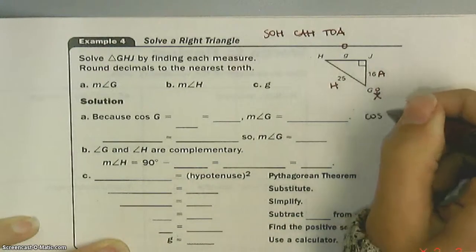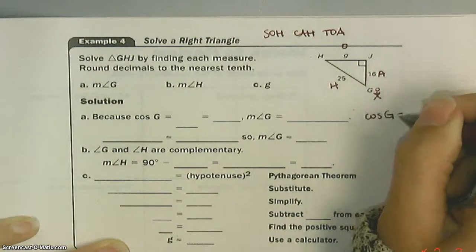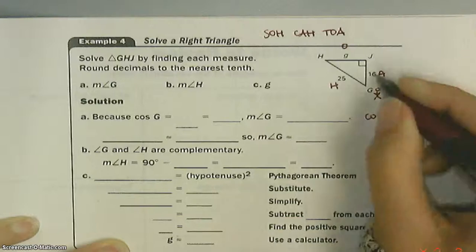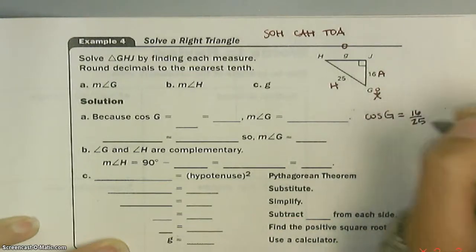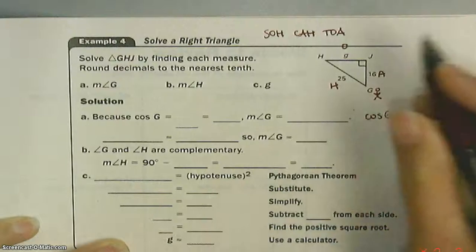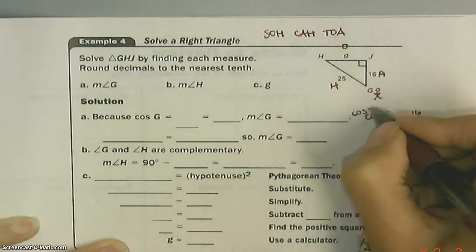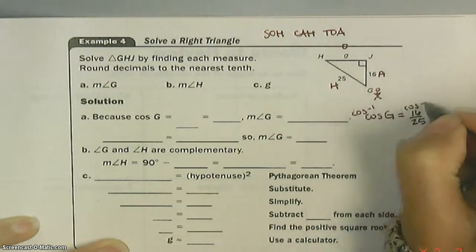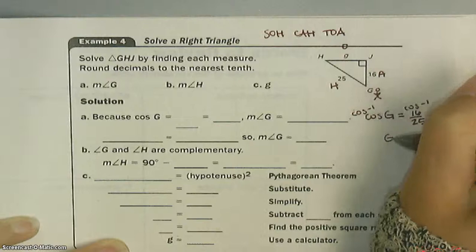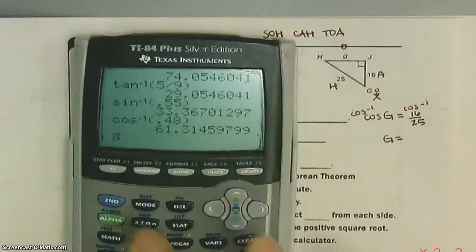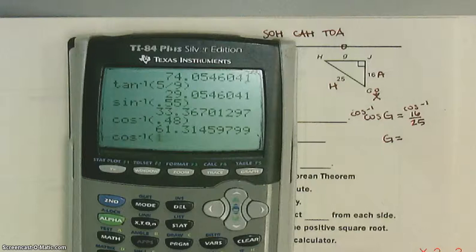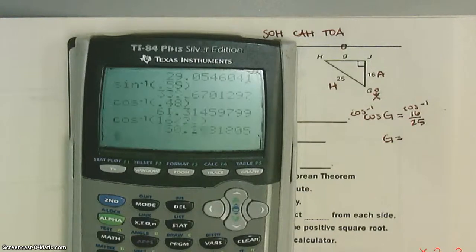Where am I standing? G. And cosine is adjacent over hypotenuse. To get rid of cosine, I have to do the inverse. And G is equal to the inverse cosine of 16 over 25.